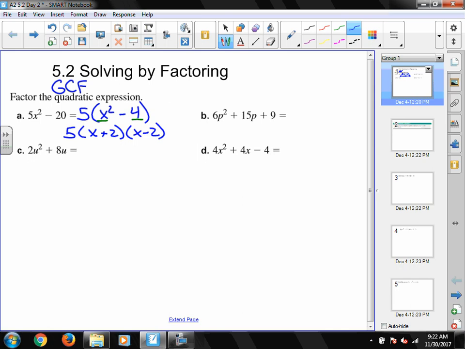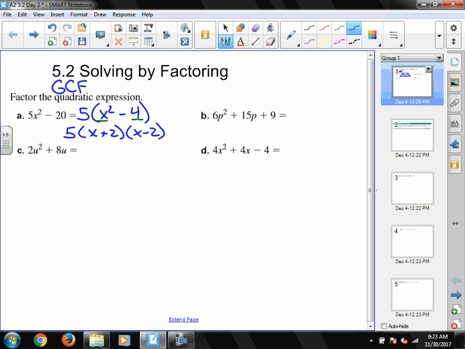If we go look at B, I look at 6, 15, and 9, and I go, seems like something should be able to divide all of those. Well, 3 divides 6, 3 divides 15, and 3 divides 9.